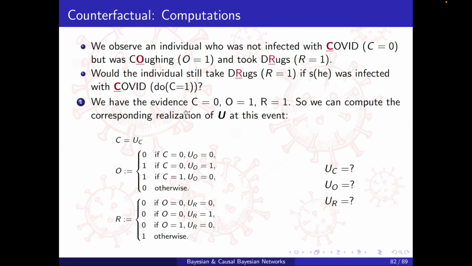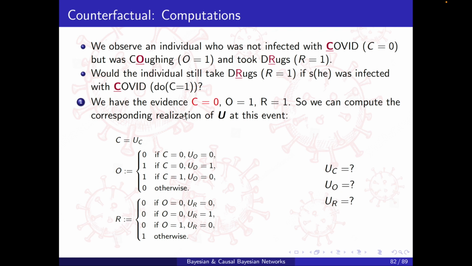So we can compute the corresponding realization of U at this event. This is the key. Since I have an SCM, I can go back, I can plug in these values into my equations and then correspondingly obtain the U of the exogenous values. This is impossible in any of the other layers like the CBN or BN. So how can I do that?